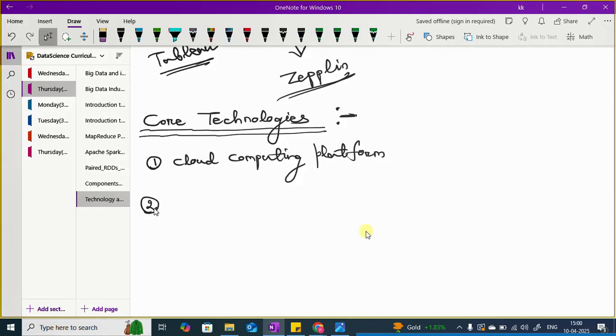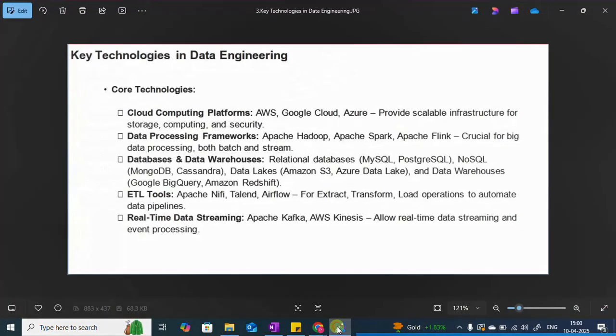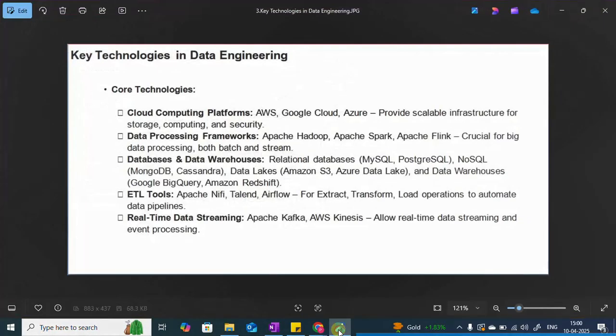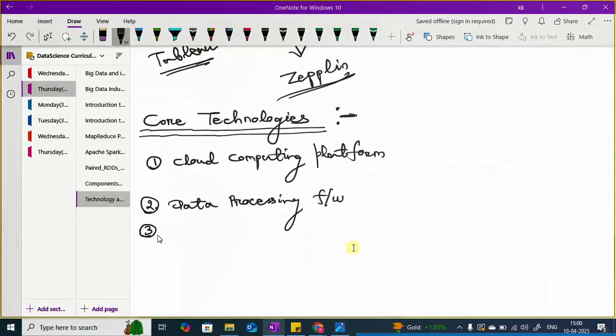Second one is data processing framework. Third one is database and data warehouse.